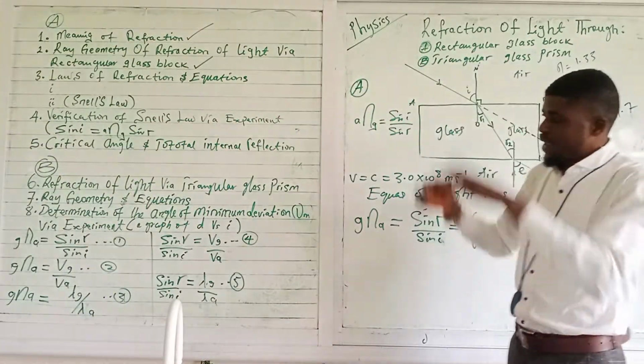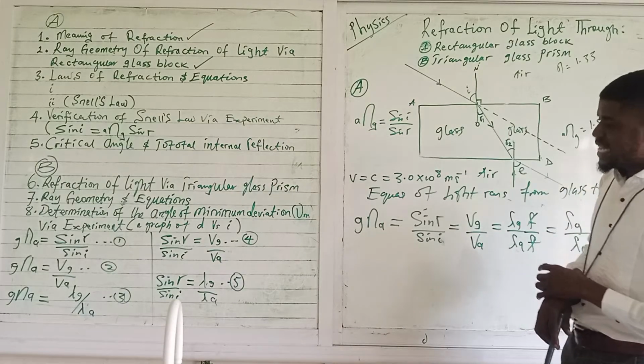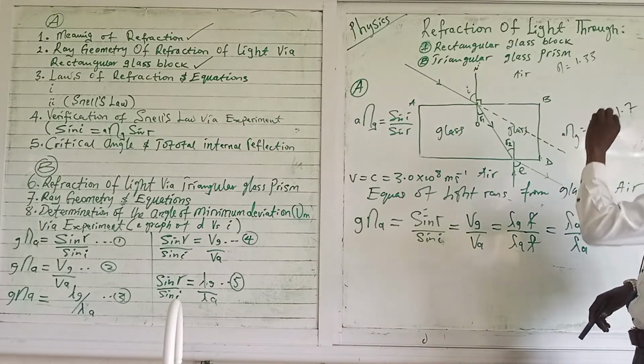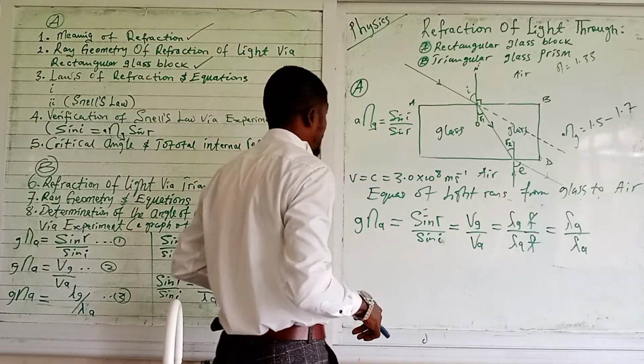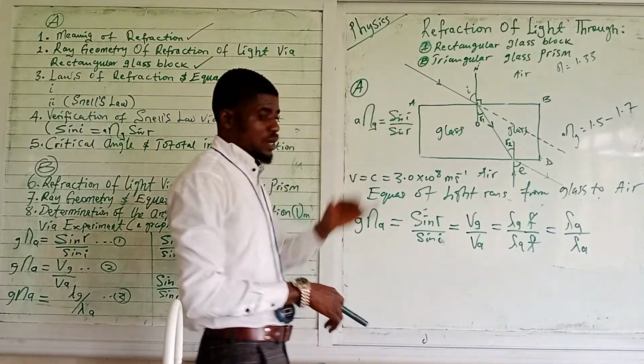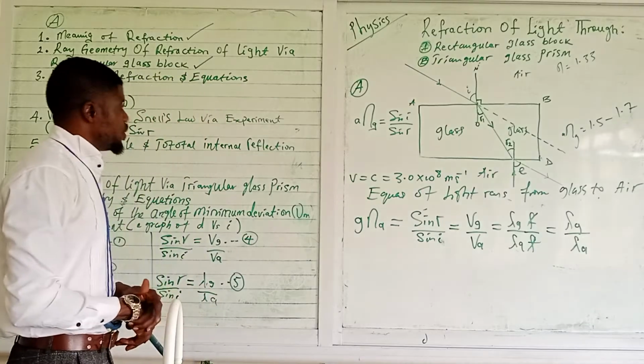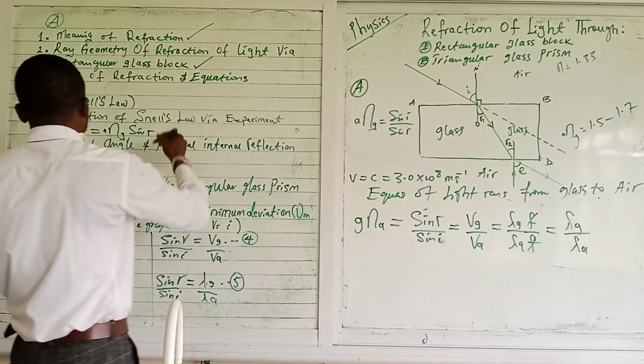So these are all the equations you need in doing all the calculations concerning refraction of light through a rectangular glass block.